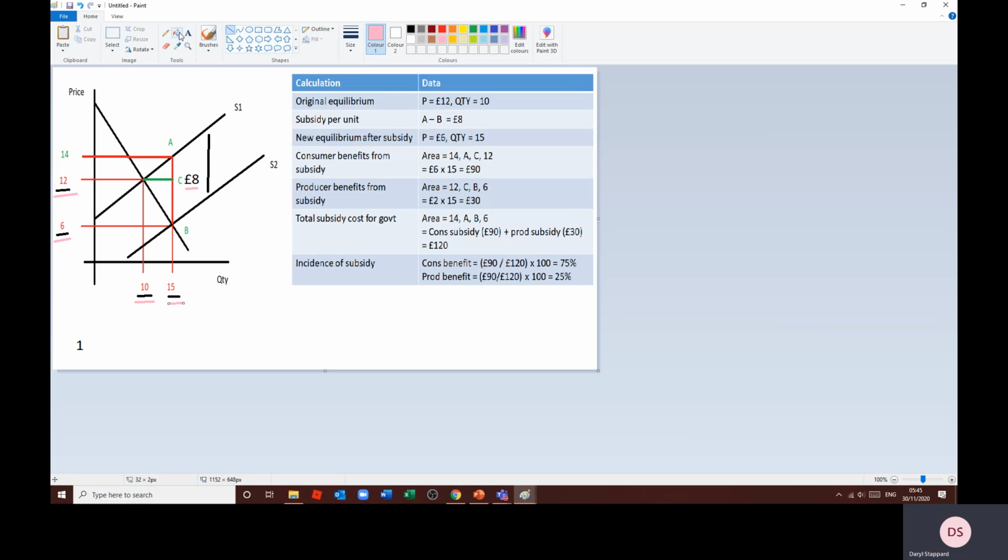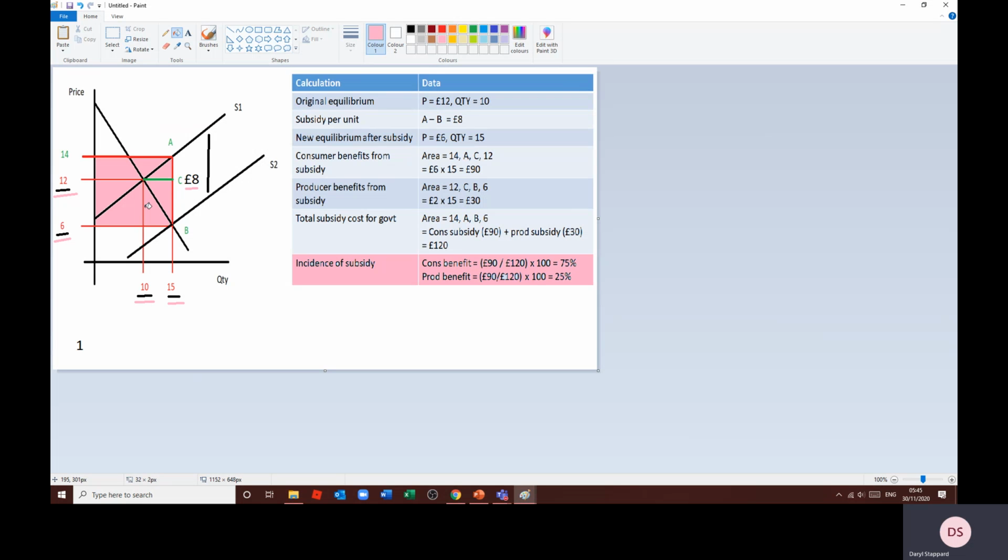Right, well, let's now think about the total cost of the subsidy. So I'm just going to shade that box in pink, incidence of subsidy. Now, this area here would show us the cost of the subsidy to the government. So what we know is the area A to B on this diagram would show the subsidy per unit of £8, and that is multiplied by all 15 units of output in the marketplace.